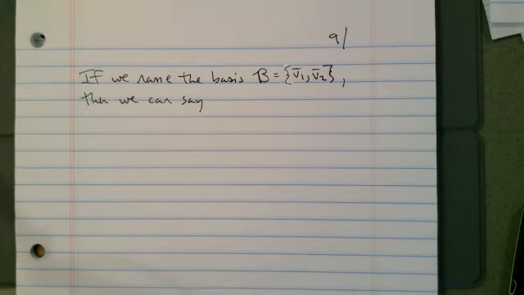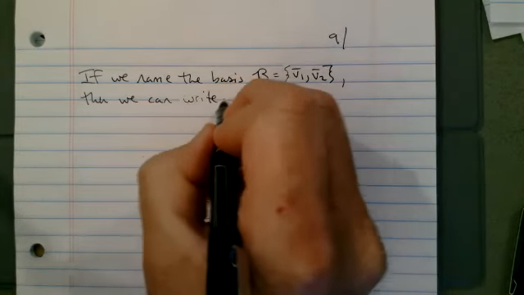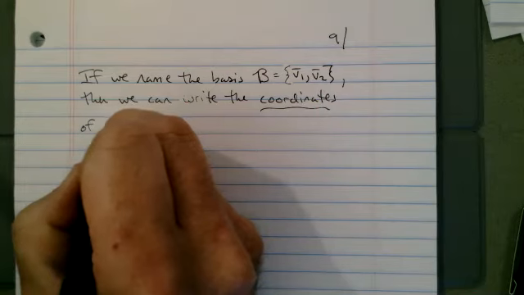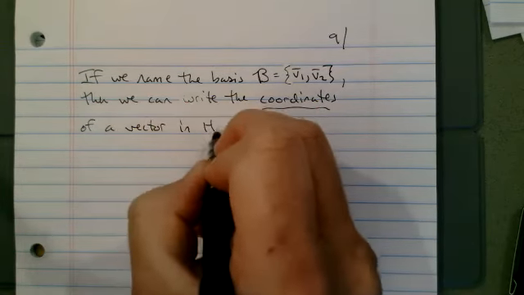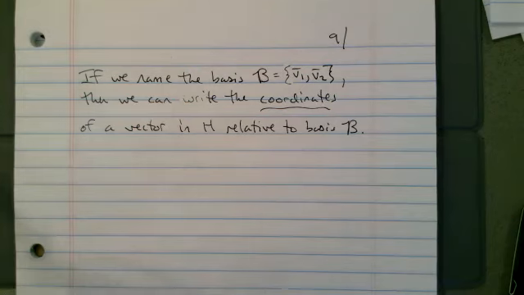So if we name the basis B equals V1, V2, then we can write every vector in H as a linear combination of the vectors in B. Then we can write the coordinates of every vector in H relative to basis B. We can write everything in H as a unique linear combination of the vectors in the basis B. So every vector in H has coordinates relative to the basis B.